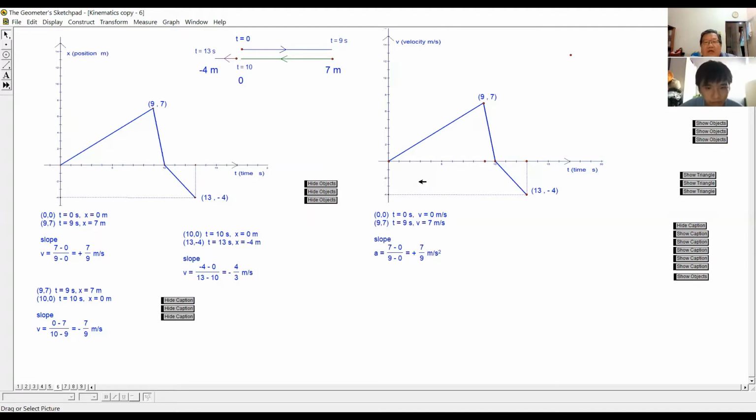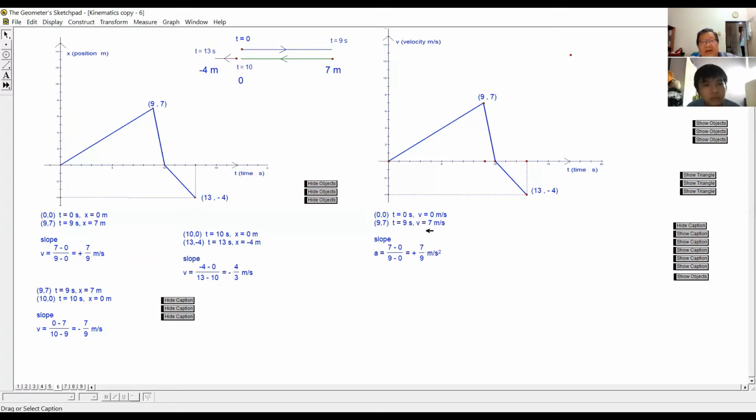Now when they start moving, of course the velocity is increasing, right? So when we look at the point 9, 7, it means after 9 seconds it has achieved a velocity of 7 meter per second. From here we also know there is acceleration already.